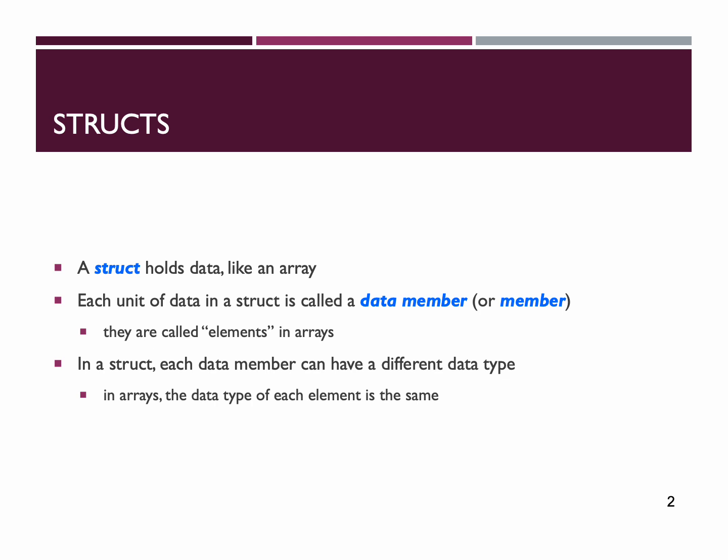Each unit of data in a struct is called a data member or member, because they are called elements in arrays, but in structures they are called data members. In a struct, each data member can have a different data type, and in arrays the data type of each element is the same.